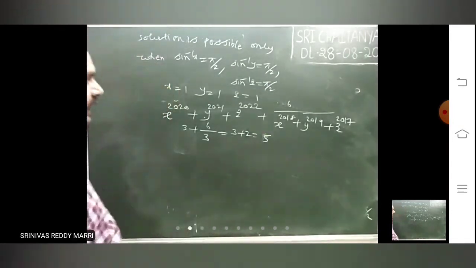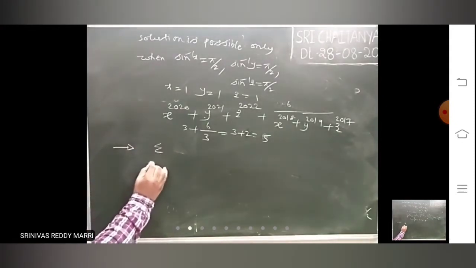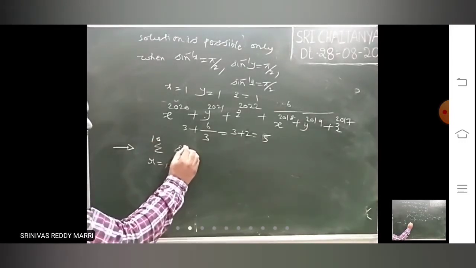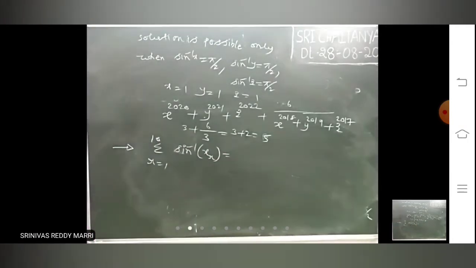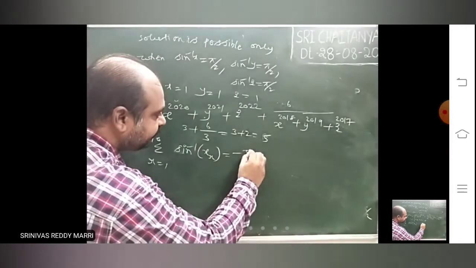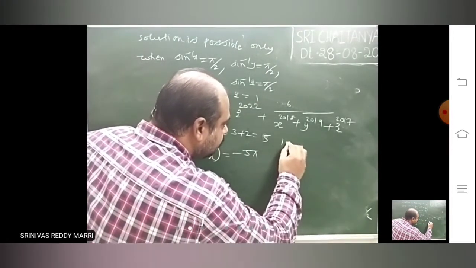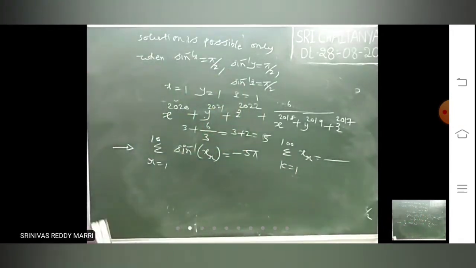Right? Look at one more problem. He has given like this. Look at sigma r equal to 1 to 10 sine inverse xr equals minus 5 pi, and sigma k equal to 1 to 10 xk equal to dash.